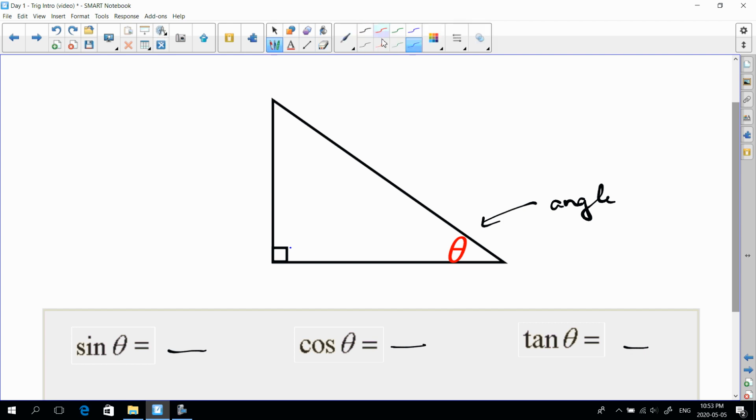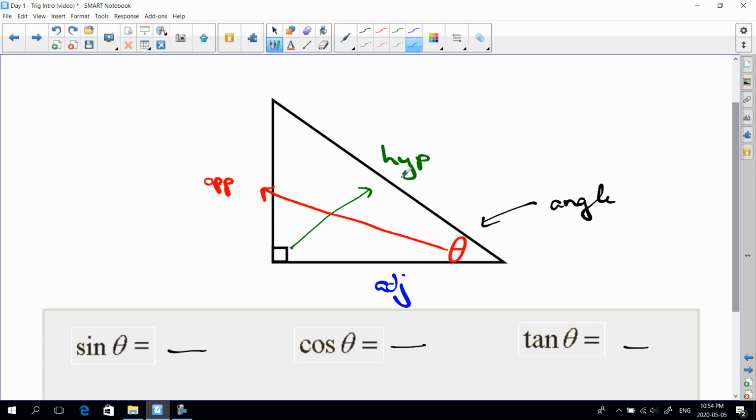Let's go with green for the hypotenuse. Then, depending on where theta is, theta is in the bottom right corner. That means this side over here is the opposite side. I always do it in that order because the adjacent one, adjacent means beside theta or next to theta, sometimes students have a harder time locating this one, or the tendency is to mix these two up.